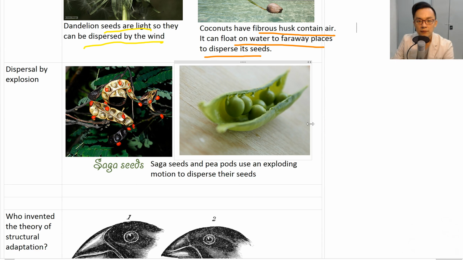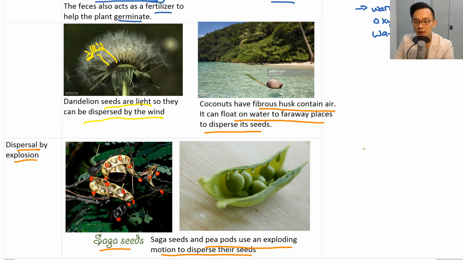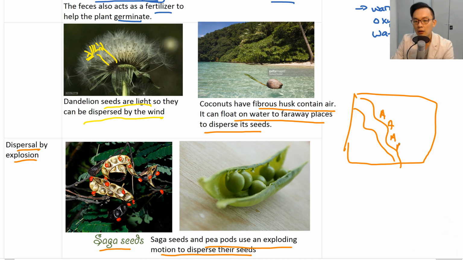There are a few more. Another one is dispersal by explosion. Saga seeds and pea pods use an exploding motion to disperse their seeds. So for example, let's say I have a question, and I have a river here. There'll be plant A along the river, and let's say the wind direction is here.